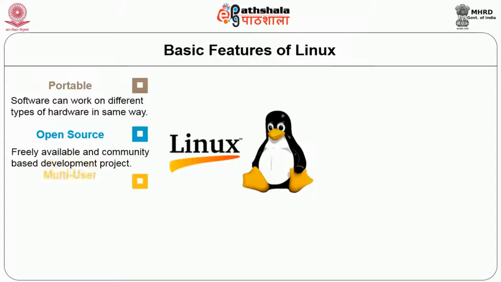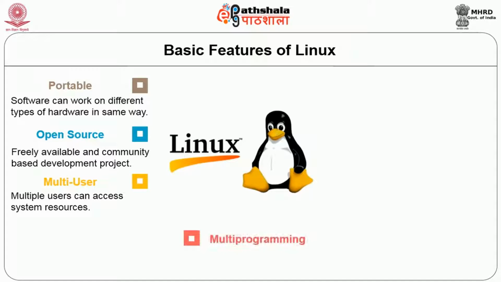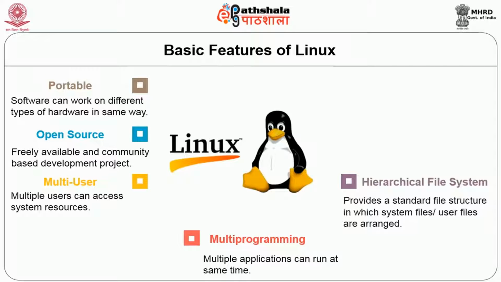Multi-user. Linux is a multi-user system, which means multiple users can access system resources like memory, RAM, application programs at same time. Multi-programming. Linux is a multi-programming system, which means multiple applications can run at same time. Hierarchical file system. Linux provides a standard file structure in which system files, user files are arranged.